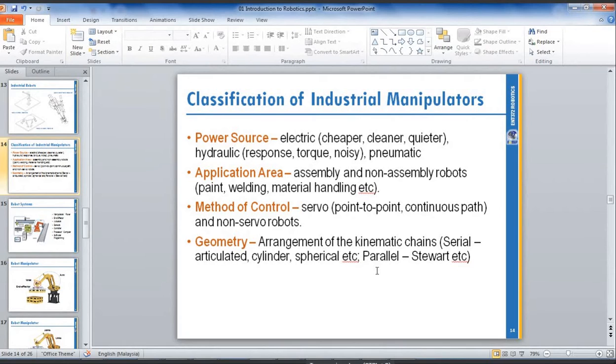If you have a small space or a big space, you need to decide the geometry of the robot. So this is the classification of industrial manipulator. Based on these 4 items, you decide the type of robot that you are going to choose.